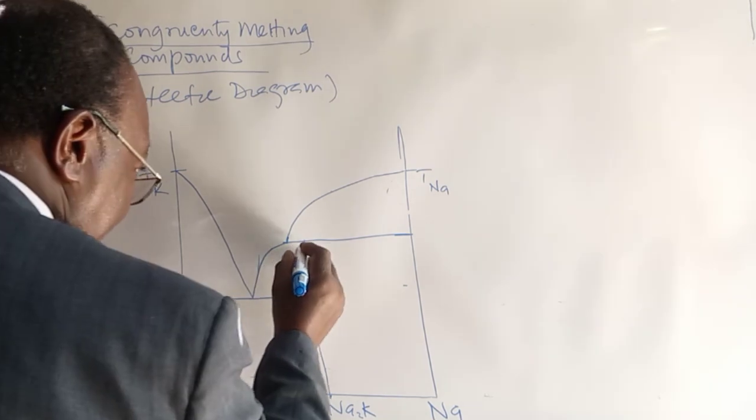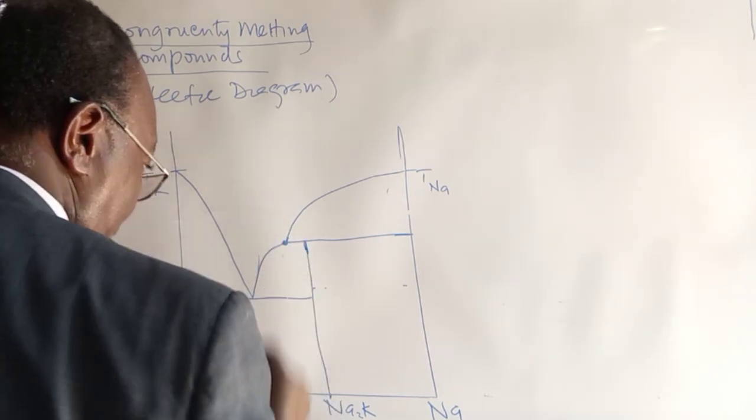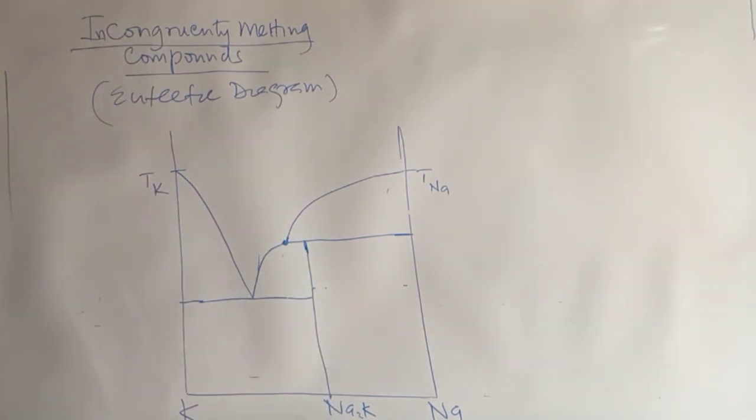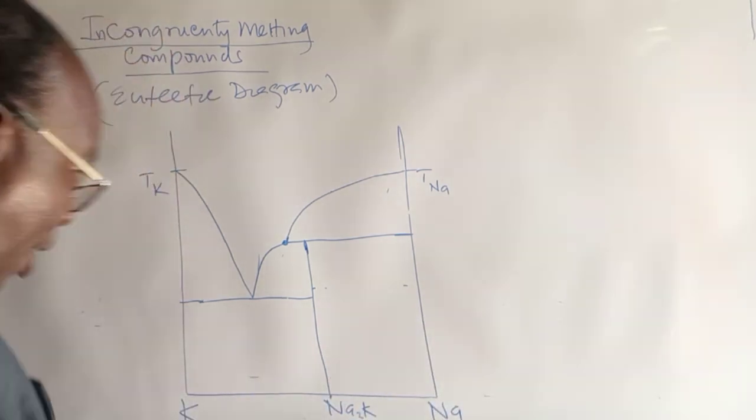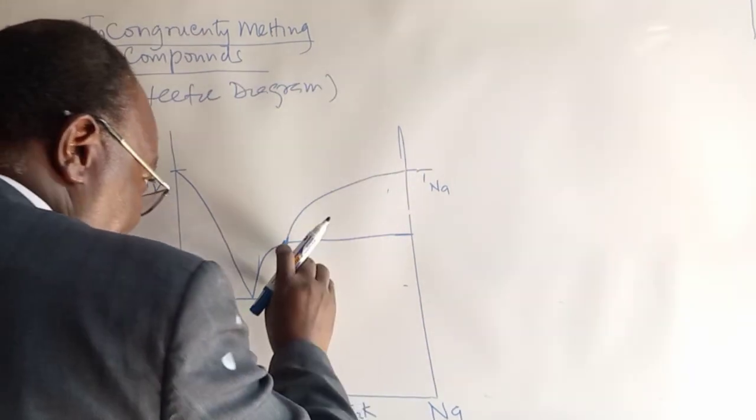So it intersects this curve at this particular point, and that is a peritectic point. Peritectic point. So first of all, let us label our segments here.